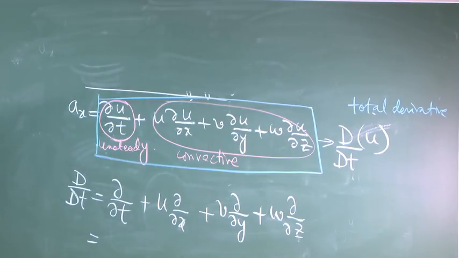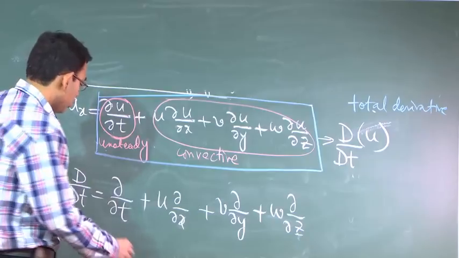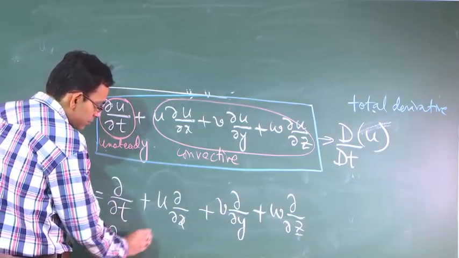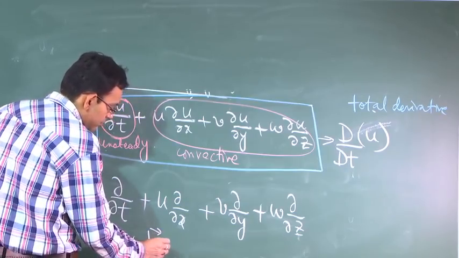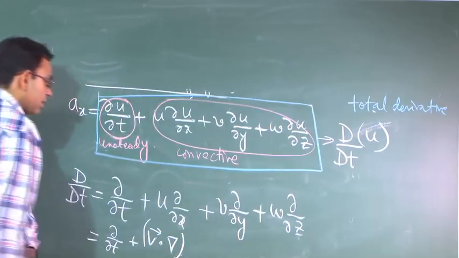You can write the shorthand vector notation like this, in this way.